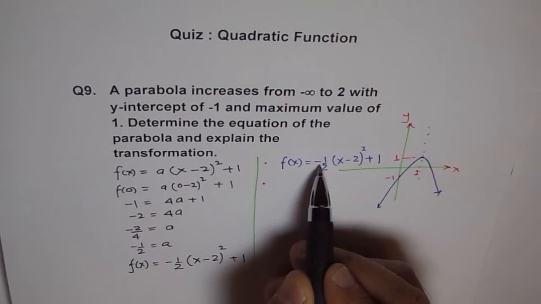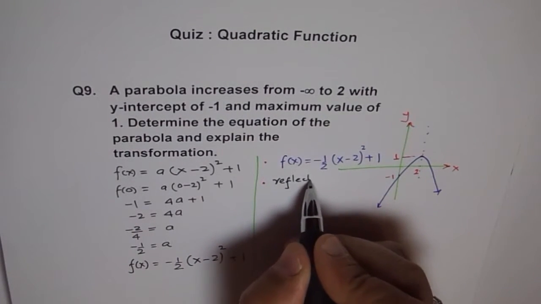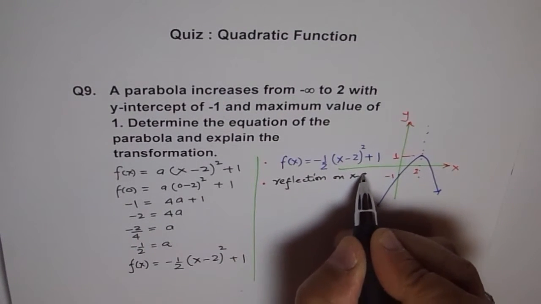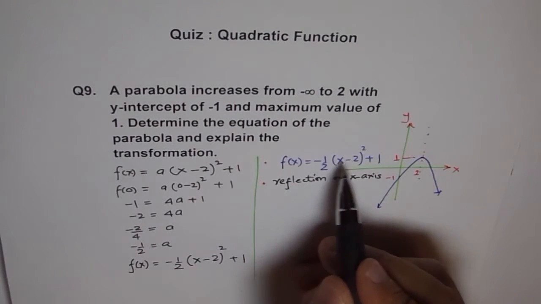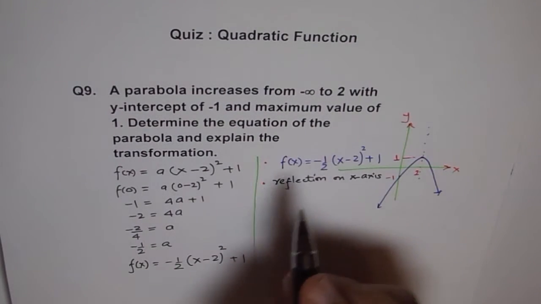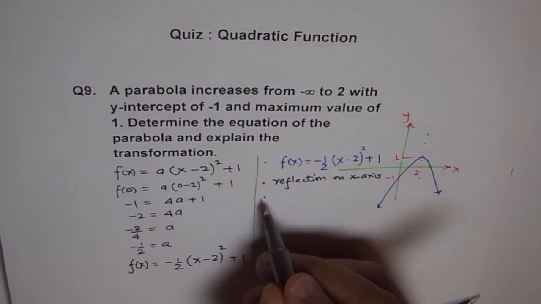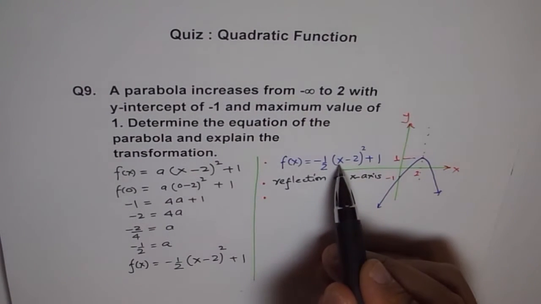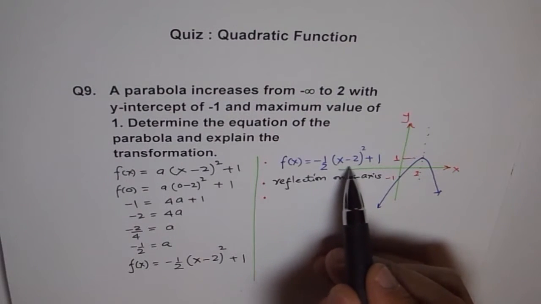Moving from left to right, you get this minus. This minus means reflection on the x-axis. Remember, anything outside the function is a vertical transformation. Then we have translations. This translation is 2 units to the right, because if I replace x with plus 2, I can make this factor 0.